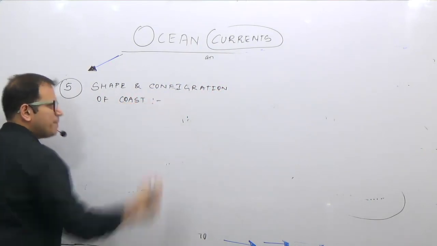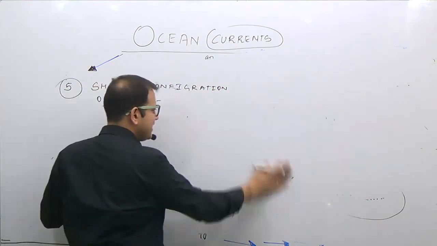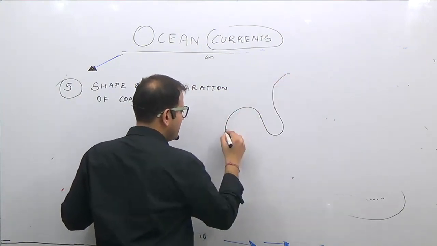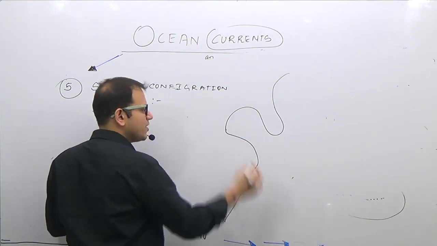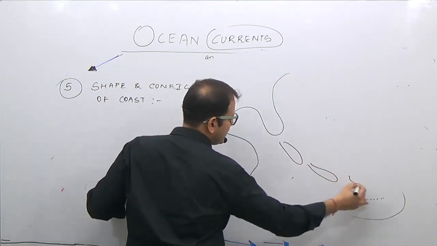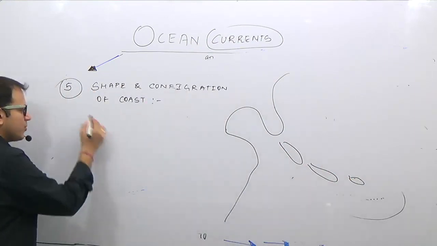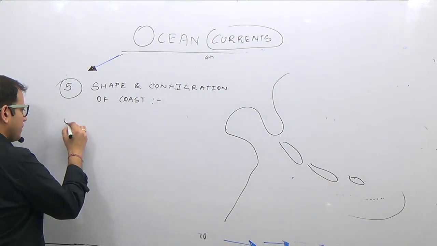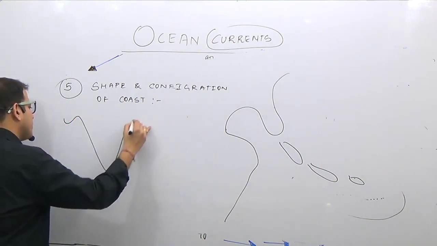What do you mean by shape and configuration of a coast? Again, see here. If this is a coastline of some region, this is the North America region, Cuba, West Indies, and take another coastline, for example our own country, India.